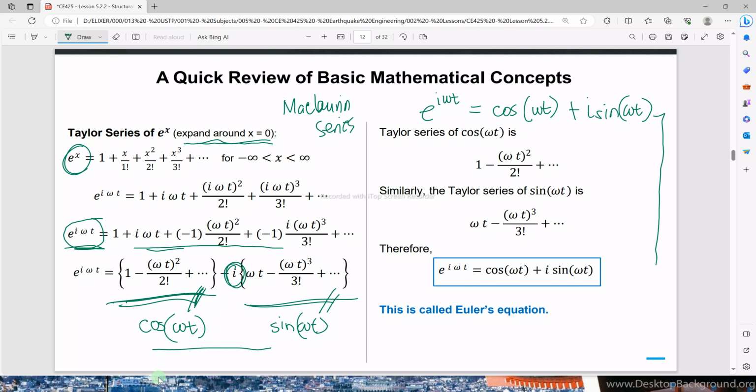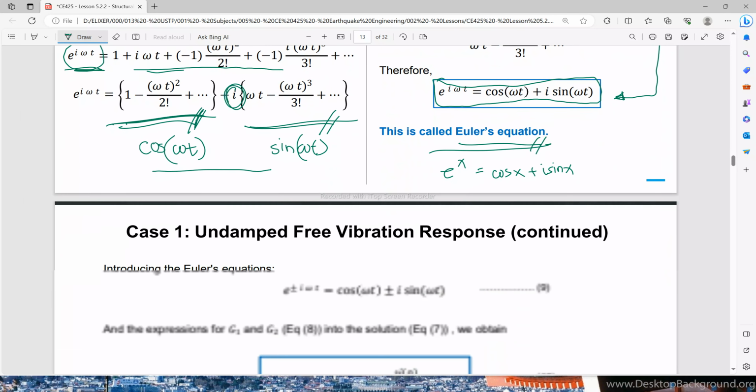So this equation here will look like this. We call this Euler's equation. Actually, Euler's equation, that is e to the x from the Maclaurin series, is equal to cosine x plus i sine x. We just applied that concept so it can be solved more easily.